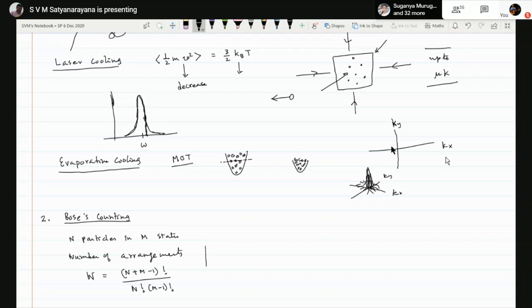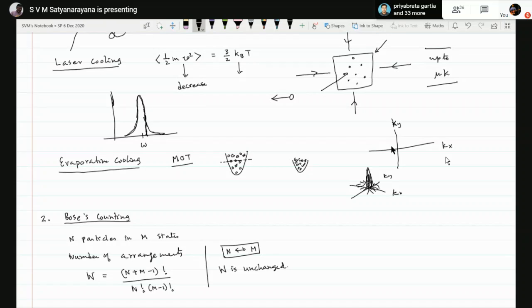There is an interesting symmetry: if you exchange n and m, so that instead of n particles in m states I talk about m particles in n states, this W is unchanged.